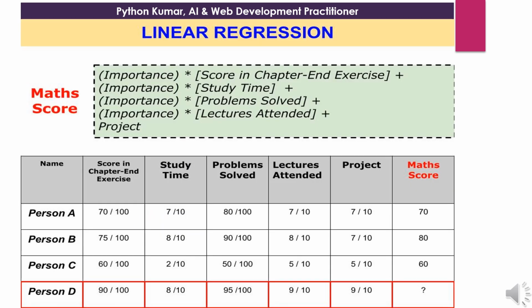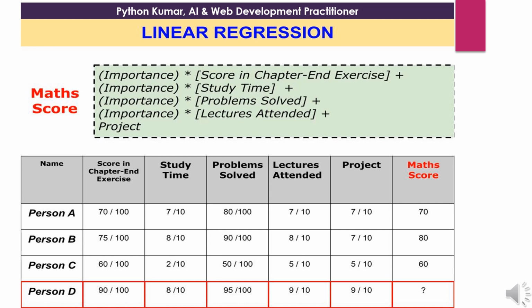Let's now talk about an example. My math score actually depends on the score in the chapter exam, the study time I put in, the problems I solved, and the lectures I attended in school. These are the factors behind my math score. Now let's look at some examples.